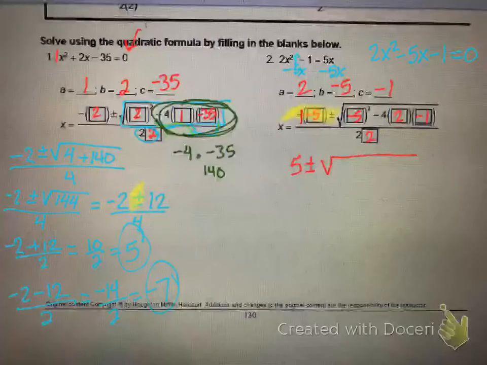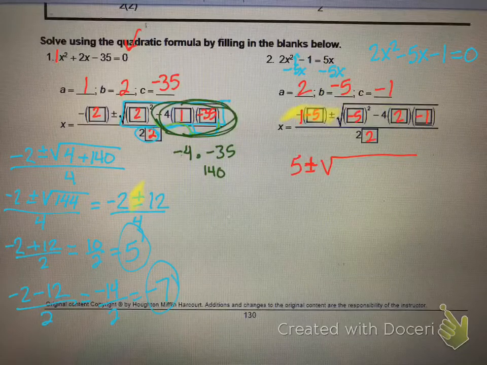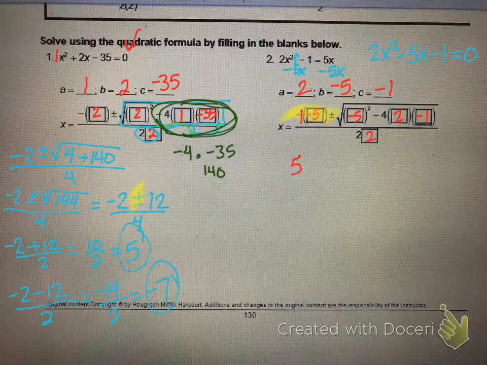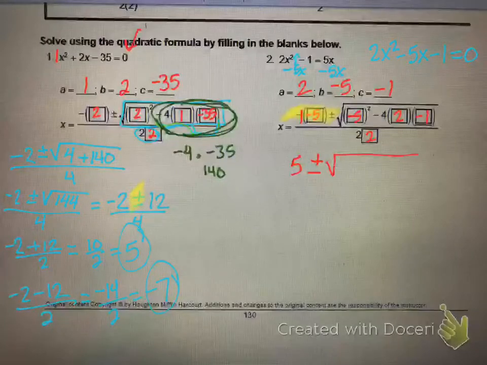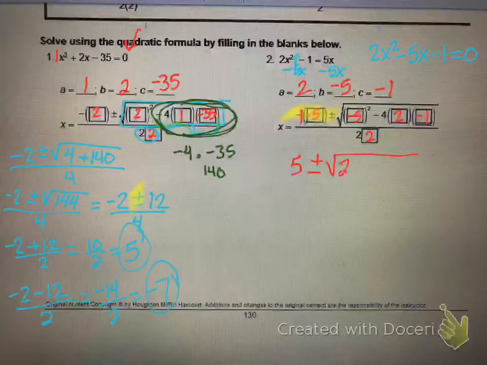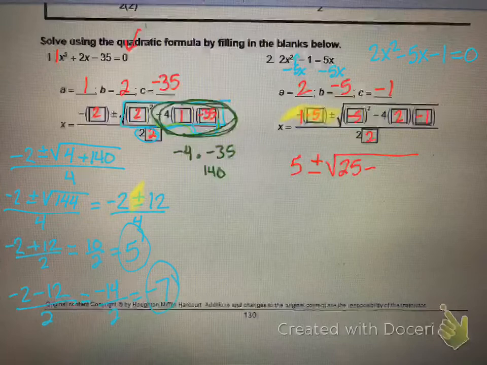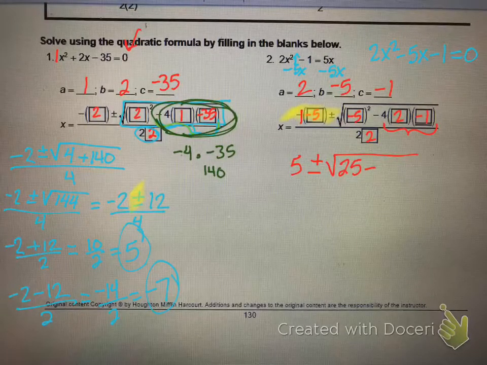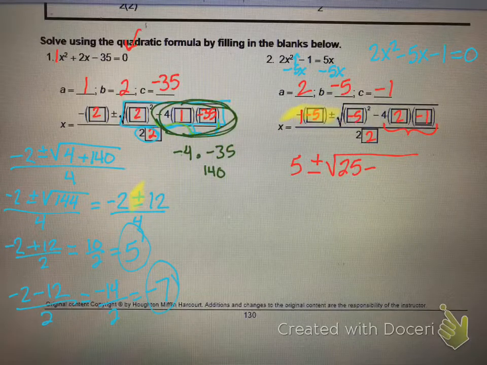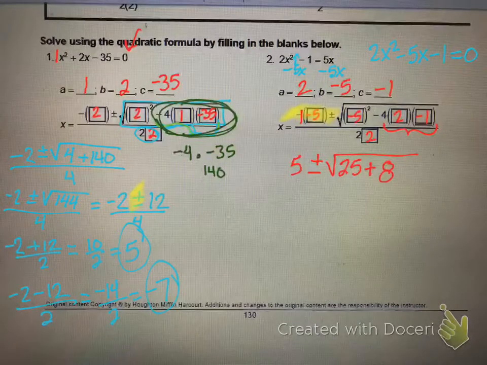So now I want to go ahead and simplify what's inside my square root sign. Let me erase that real quick. So plus or minus the square root of negative 5 squared. Remember, that's negative 5 times negative 5, so that gives you a positive 25. Minus 4, and then I'm going to multiply minus 4, 2, and minus 1. So that equals a positive 8.